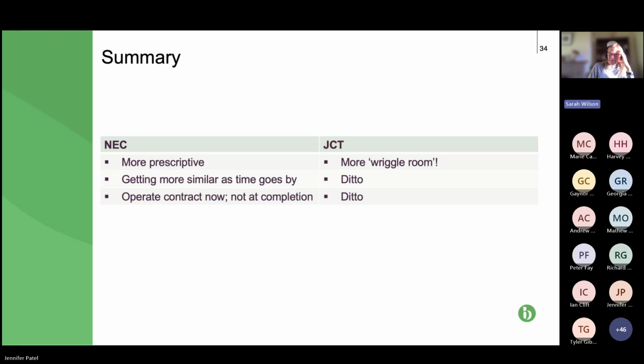JCT more flexible, but even so with JCT, we should be submitting notices when it becomes apparent that we have extra work to do, or we've suffered some delay, and or we're going to be claiming loss and expense.